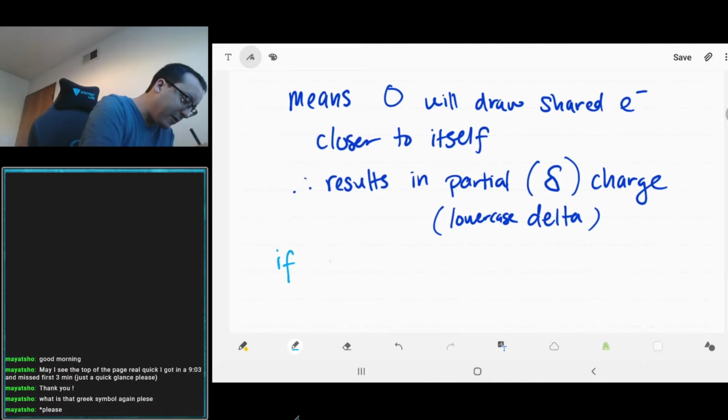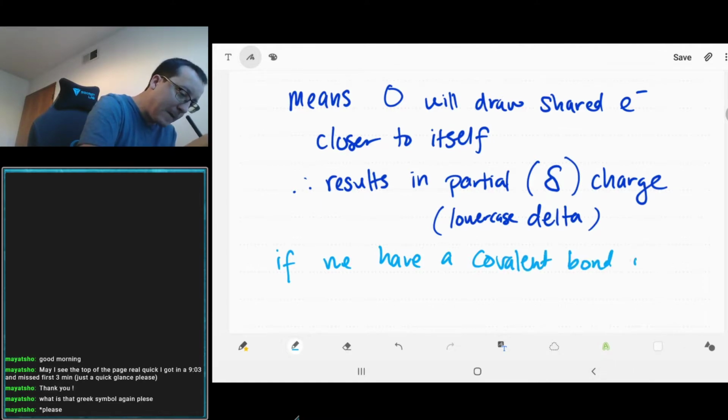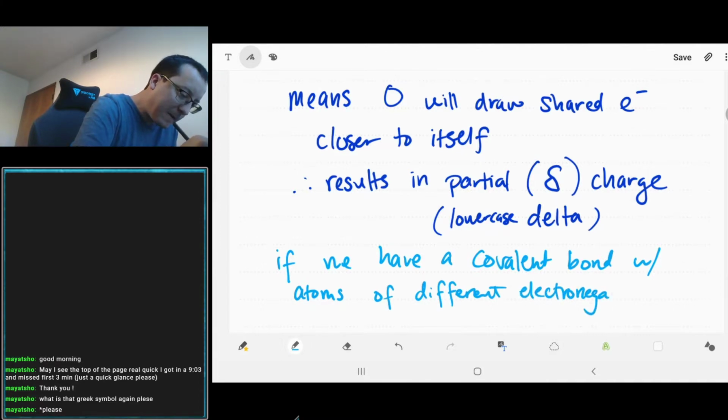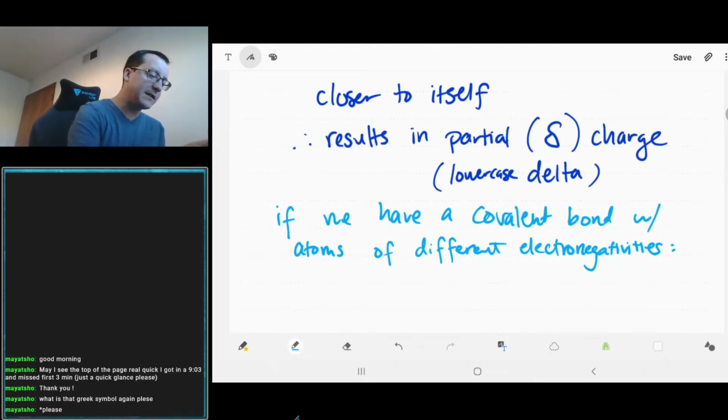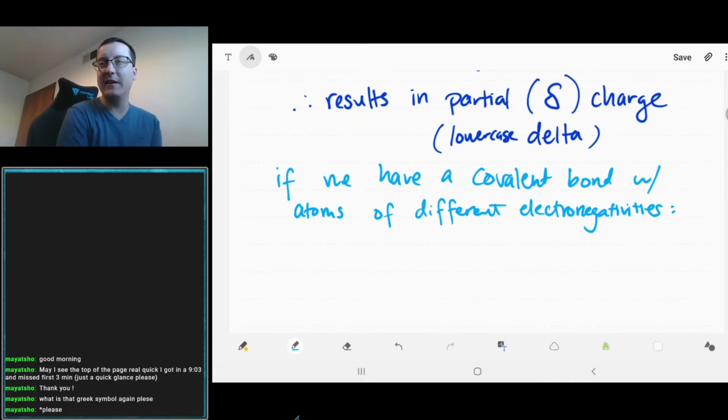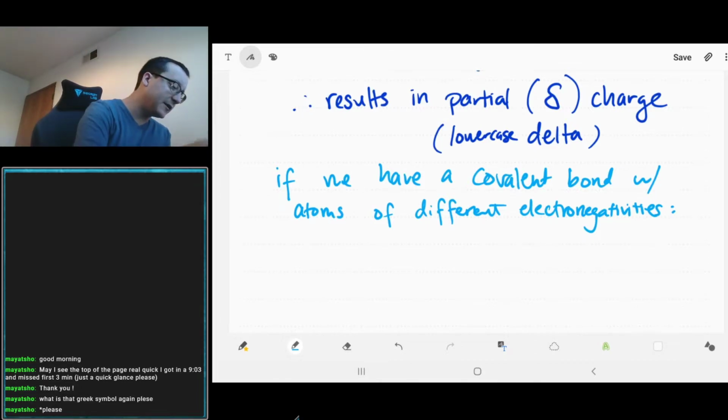And so if we have a covalent bond with atoms of different electronegativities, we have a rough idea of how we can define different types of bonds.